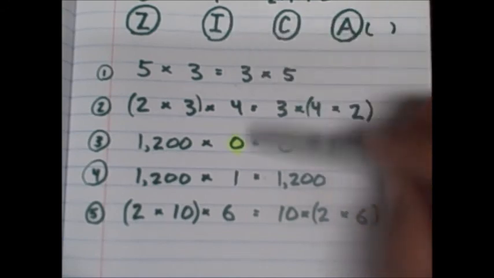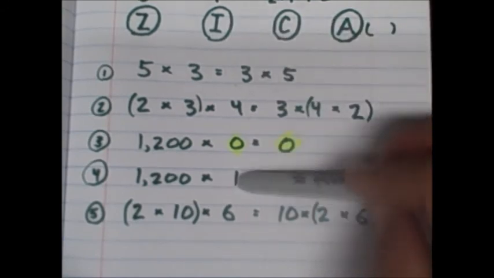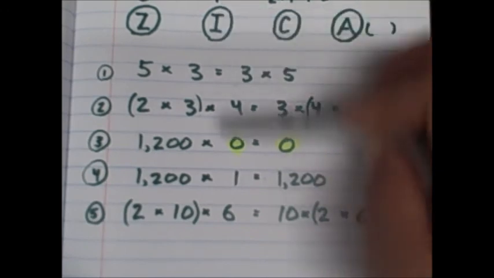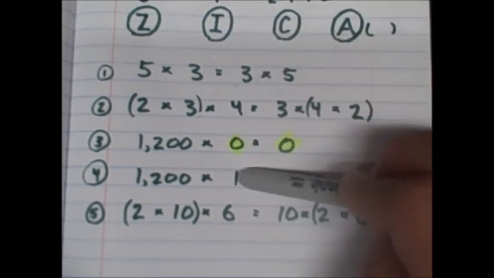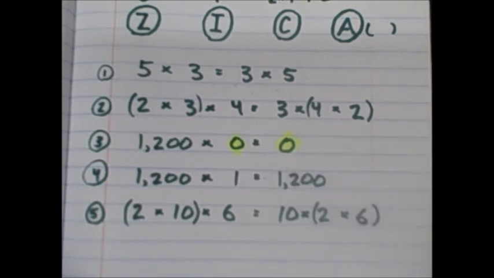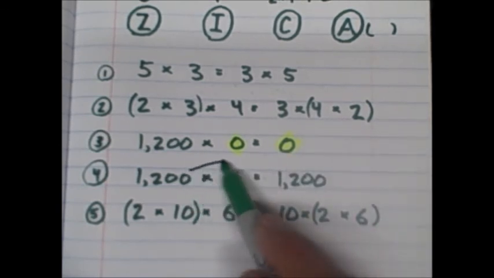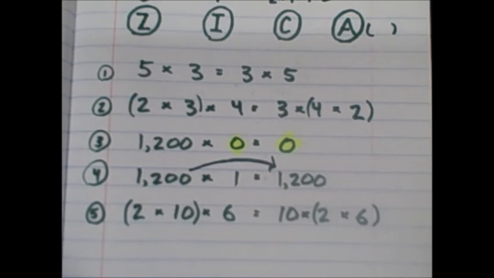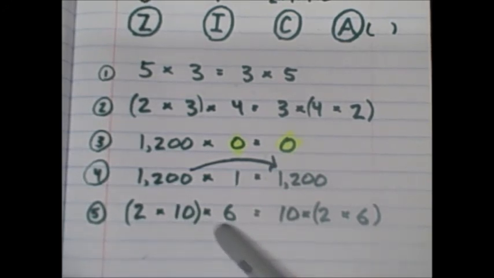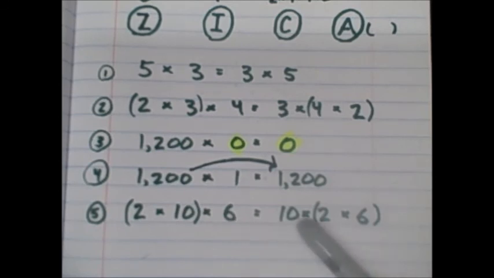And as I said earlier, that 1 almost reminds me of an I. The identity property says that you multiply anything by 1 and you get the same answer. I like to think of it like this. Okay? Because I'm multiplying it by 1, you're going to have a match with the first factor, that's not a 1, and the product. And number 5. We have in parentheses 2 times 10 times 6 equals 10 times 2 times 6.